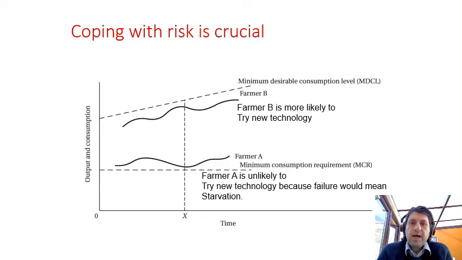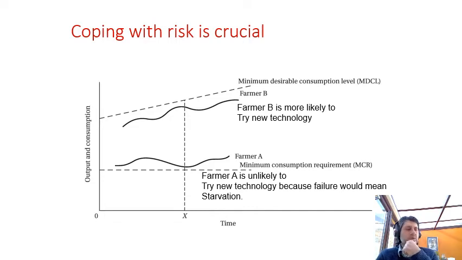Now, of course, coping with risk is crucial, and it also impacts the way that farmers are likely to engage with technology. If you have a farmer that's producing at or near their minimum consumption requirement, these are what we would call subsistence farmers. They're growing just enough to eat, and that's it.